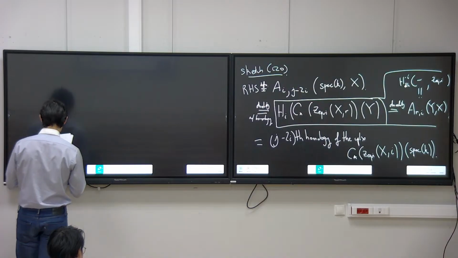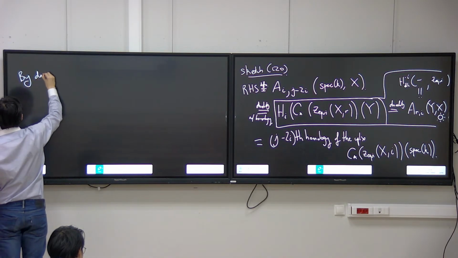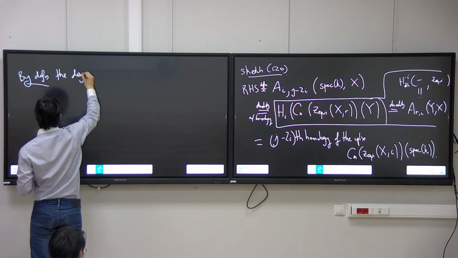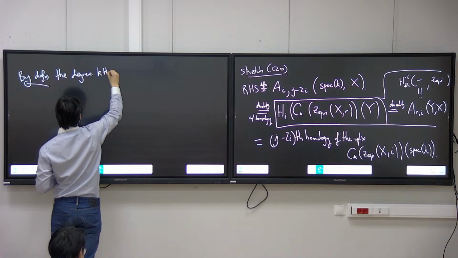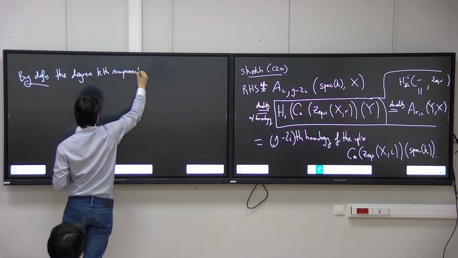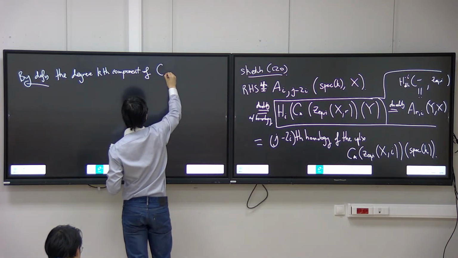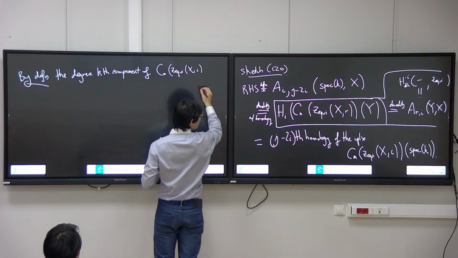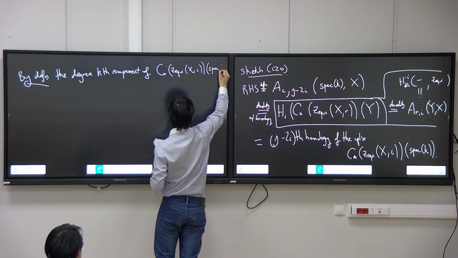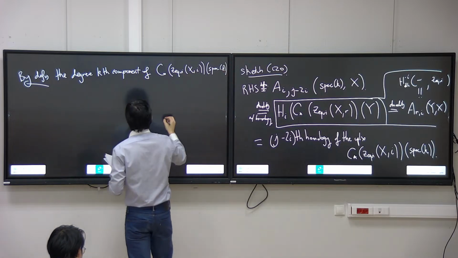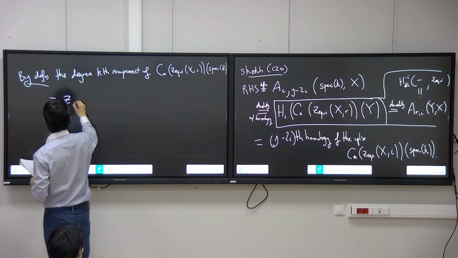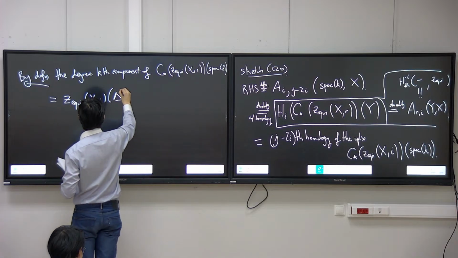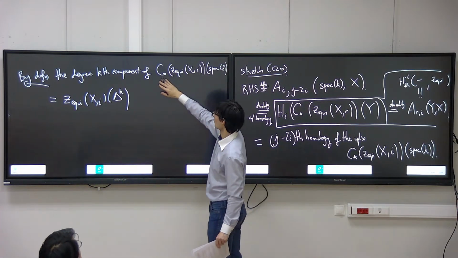So by definition, the degree k component of that complex, C_* Z_equi(X, i) evaluated at Spec of k, is just equal to Z_equi(X, i) evaluated at Delta^k, because recall the definition of what C_* meant.